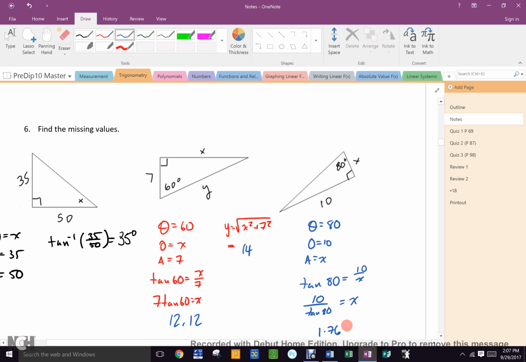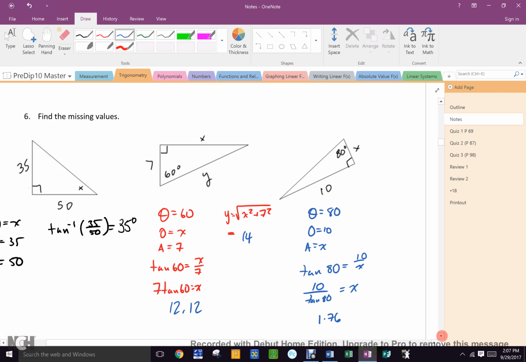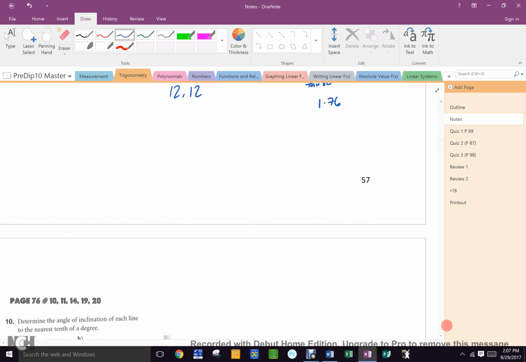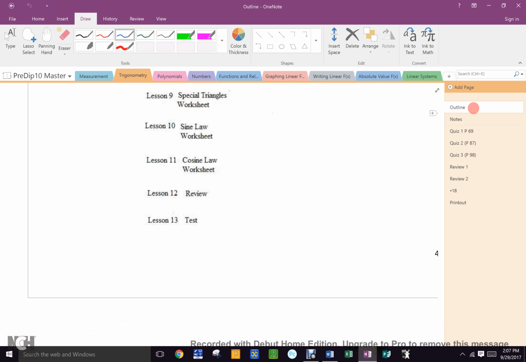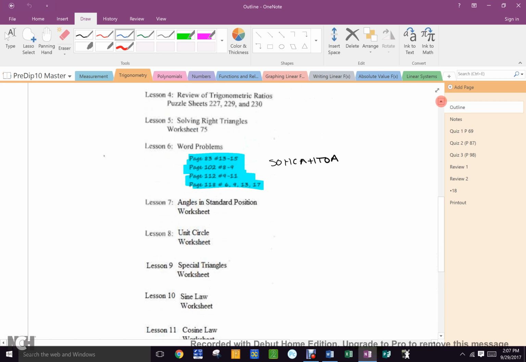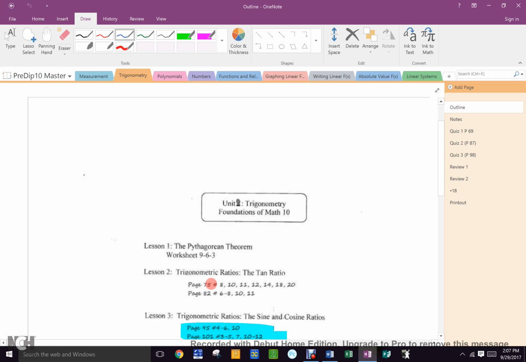Does everybody remember trig, or are they happy with the first little bit of it? Everyone? All right. Now, on your outline, it says page 76, right? No, it says page 75.